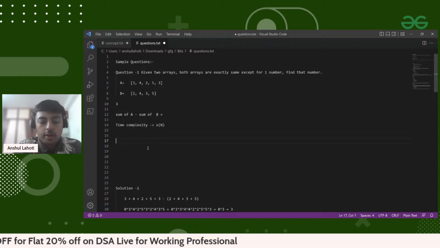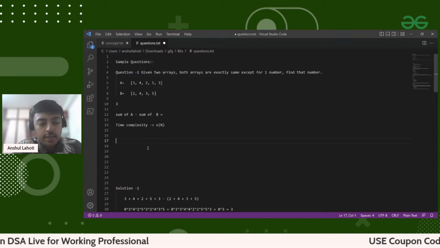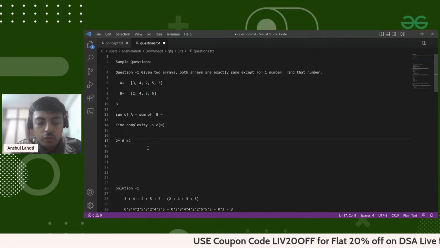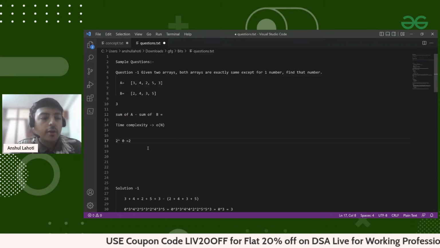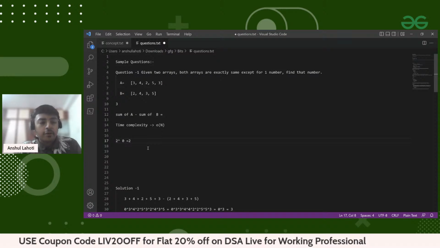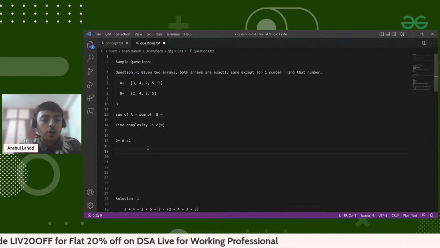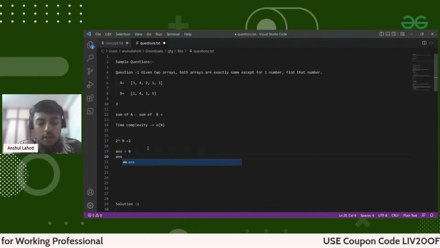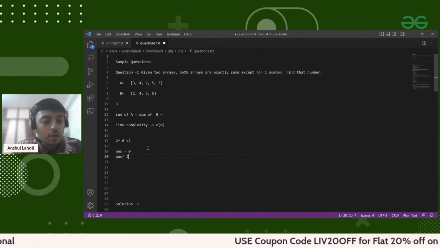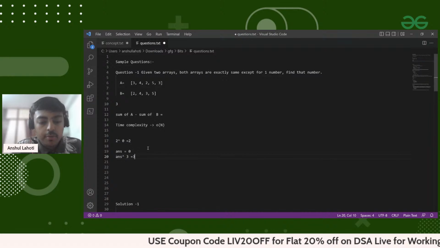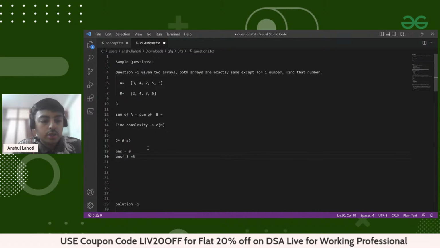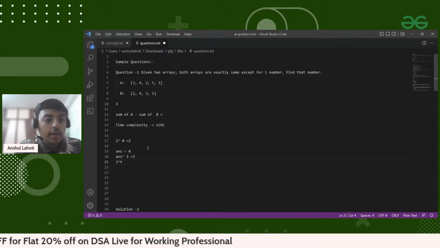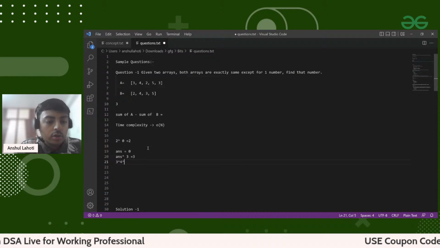First thing: XOR of any number with 0 gives the number itself, like 2 XOR 0 is 2. So that will not affect our answer. We initialize our answer as 0. Now we take answer XOR 3, which will be 3, since it will not change anything. Then we take 3 XOR 4. Then we take 3 XOR 4 XOR 2.